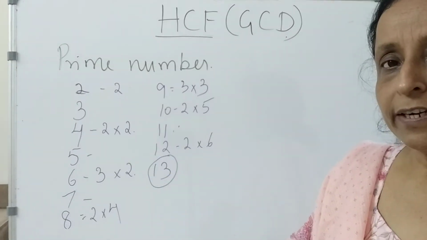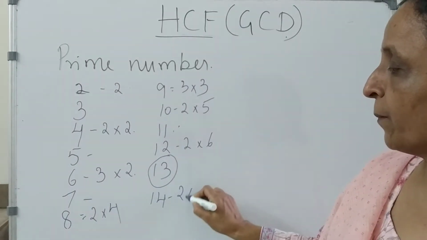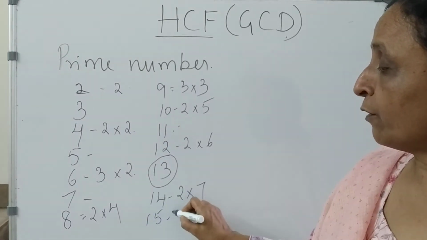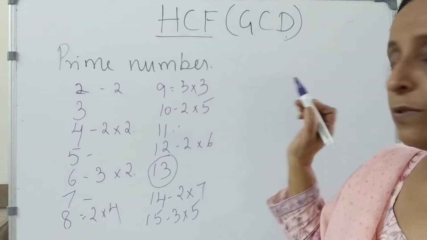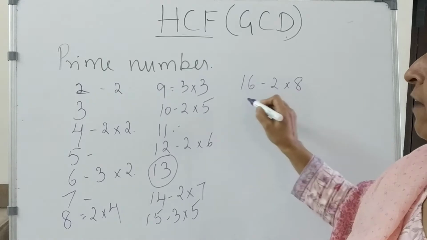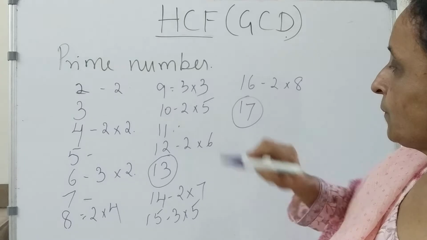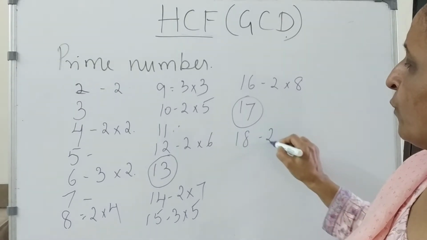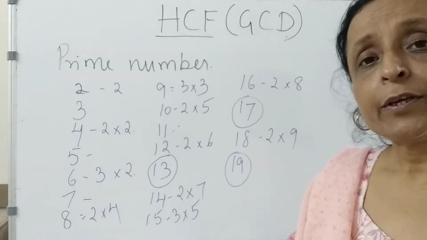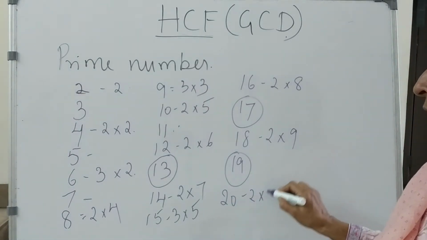You cannot break it into composite numbers. 14 is a composite number, 2 into 7. 15 is 3 into 5, so this is a composite number. 16 is 2 into 8. 17 you cannot break, it is a prime number. 18 is 2 into 9. 19 is a prime number. You cannot break 19. 20 is 2 into 10.